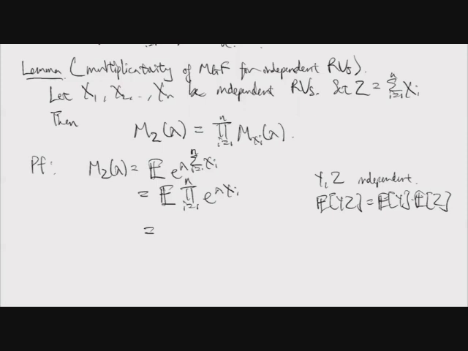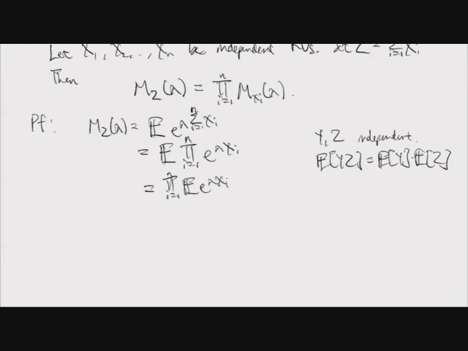If you have 3 independent random variables or more, the expectation is just going to distribute, so you can put the product on the outside. And then we notice that each of these terms is just the MGF of X_i. And then we're done.